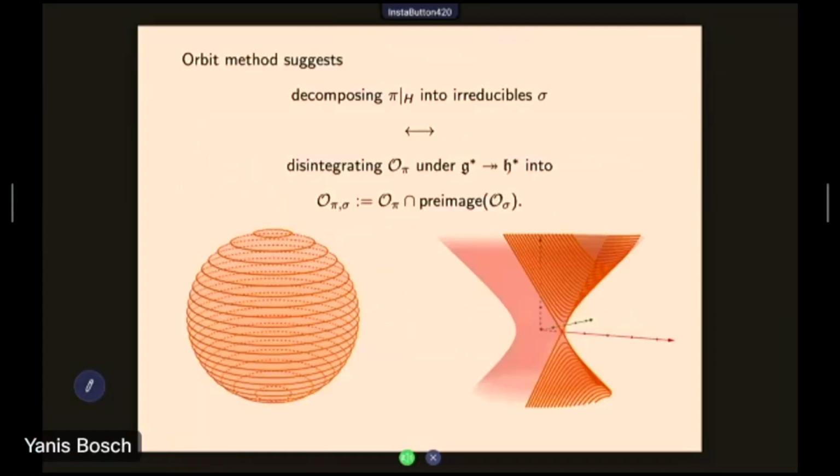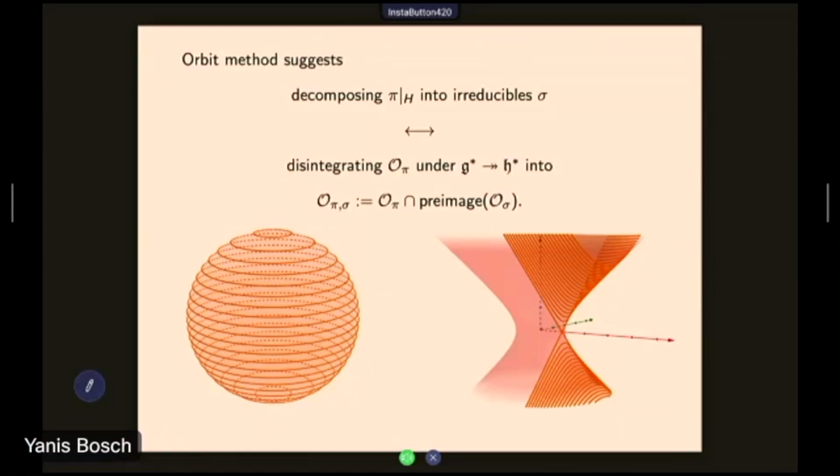It says that this should correspond roughly to taking the coadjoint orbit for it and disintegrating it under the projection of dual Lie algebras into intersections with preimages of coadjoint orbits for the smaller group. I've indicated a couple of examples of what this looks like in these two pictures, for the two examples of groups: SO3 on the left and PGL2R, or SO21, on the right.